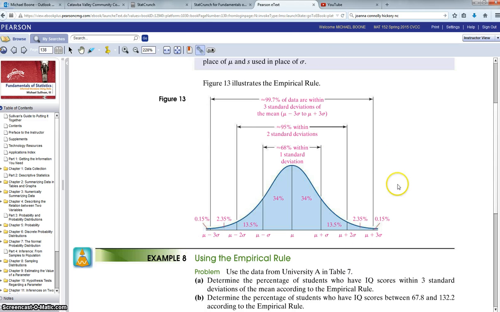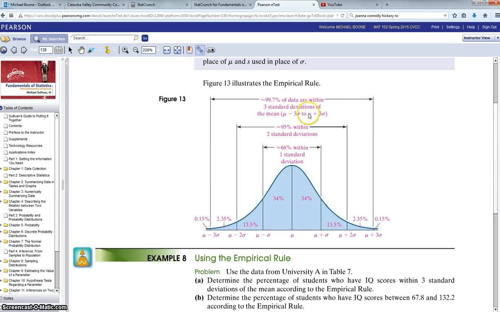So we have this normal curve, and this is telling us about percentages of the population. They talk about plus or minus 1 standard deviation, 68% of the population lies between. Plus or minus 2 standard deviations would be 95%, and plus or minus 3, well, that's pretty much everybody.